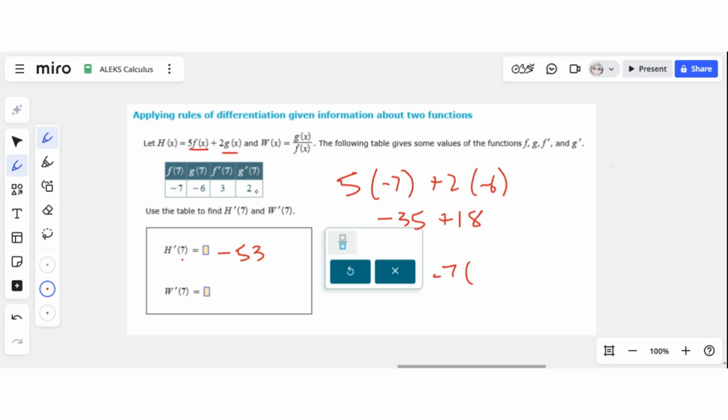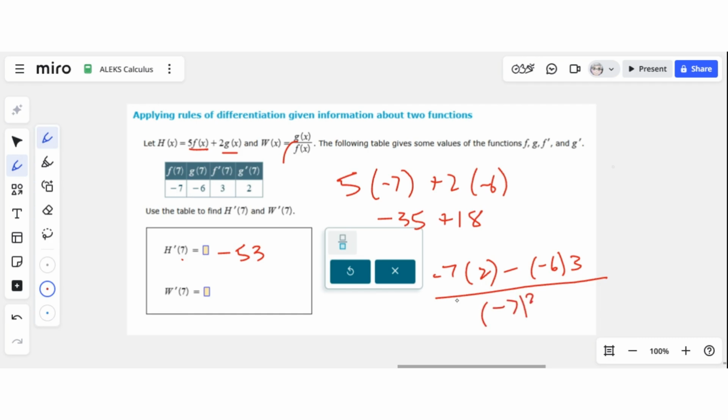So g prime, that's 2, minus high, which is g of 7, that's negative 6, d low. So that is the derivative of f at 7, so that's 3. Okay, and all of that goes over low squared. So low squared is f, so that's negative 7 squared.